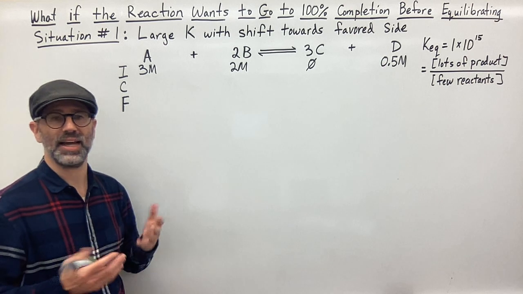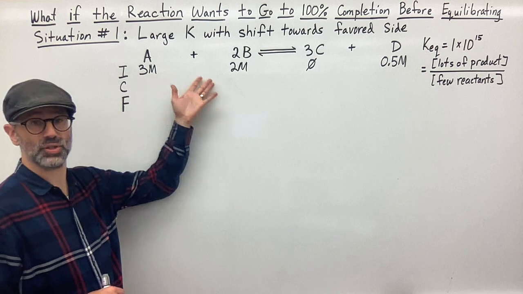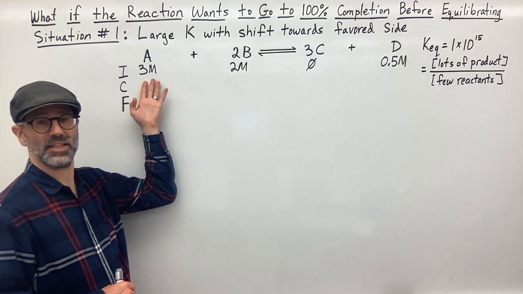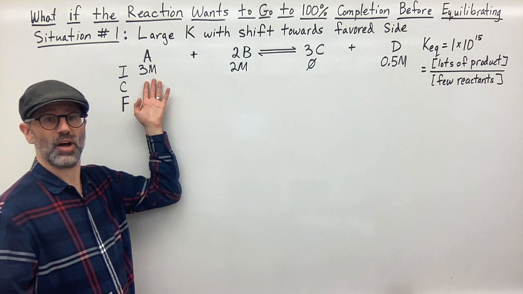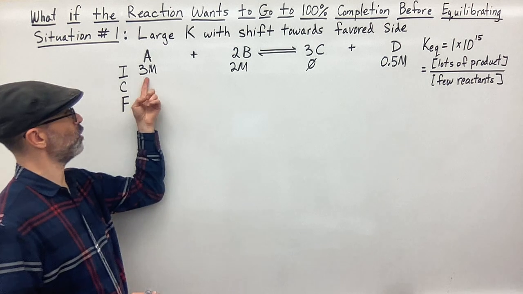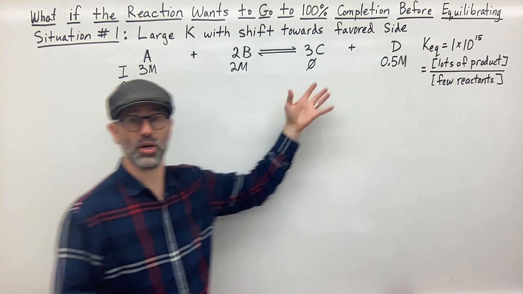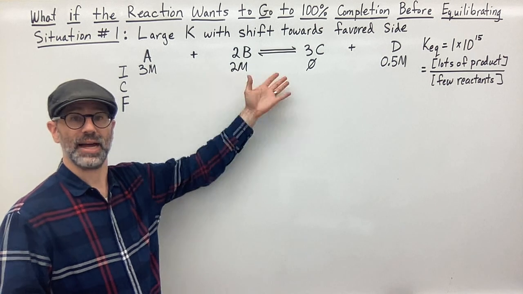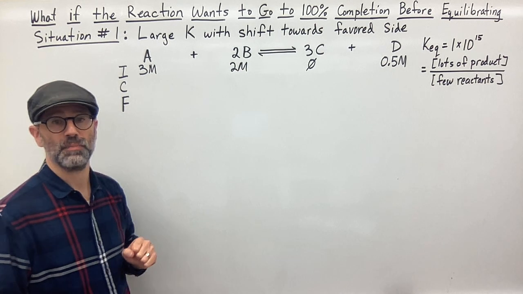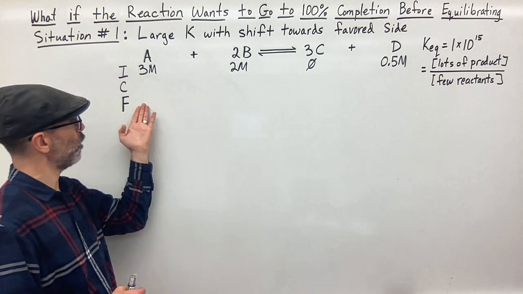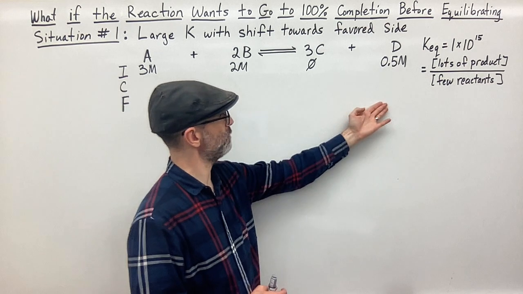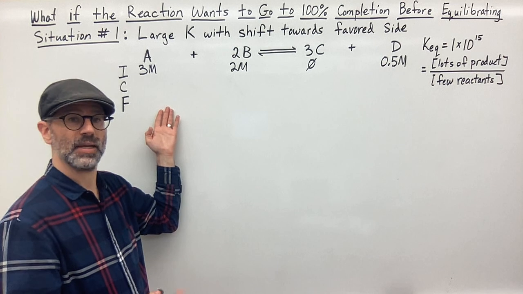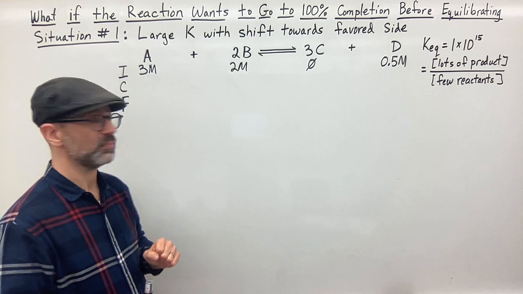But if I have, for example, 2 liters of solution, then I need to use that volume of 2 liters and convert my molarities to moles first. Then I use the moles in my stoichiometry table, figure out how many moles I have left once everything has reacted completely, and go from there.